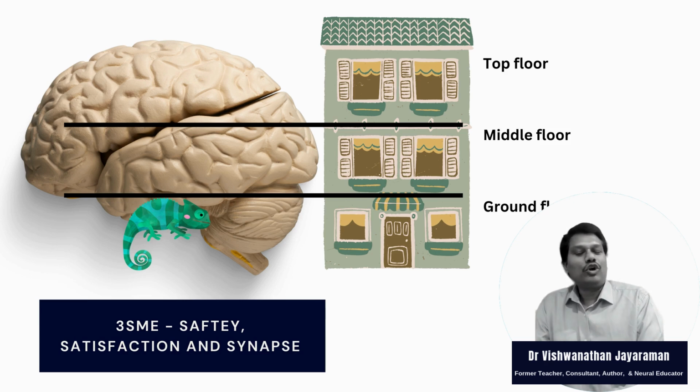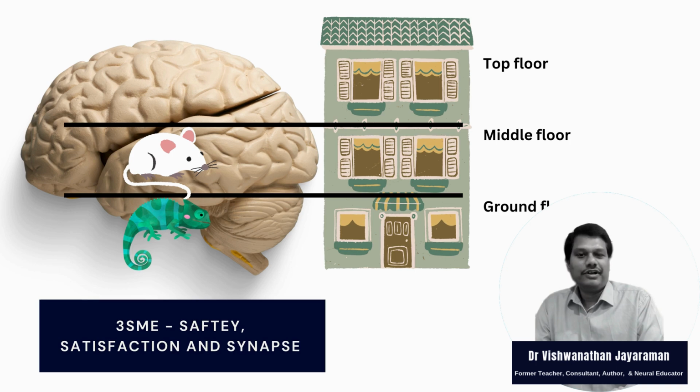Next, right there sitting on top of the brainstem are the subcortical regions, loosely associated with the mammalian stage of evolution that is always looking for satisfaction. Regions like the amygdala, hippocampus, hypothalamus, and basal ganglia are all located over here. If the students are in this region, then there is every possibility of effective learning.